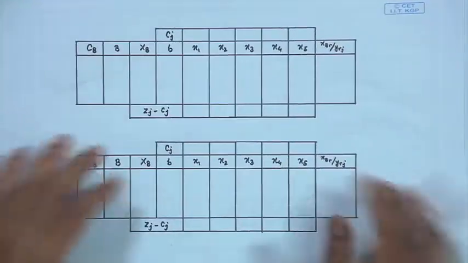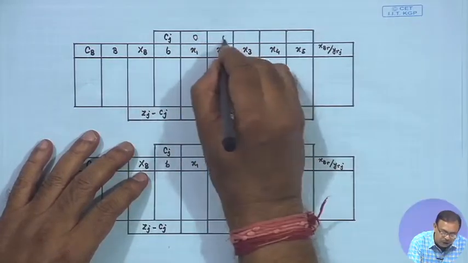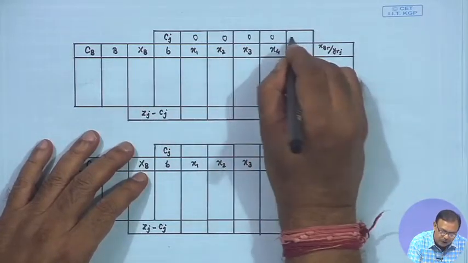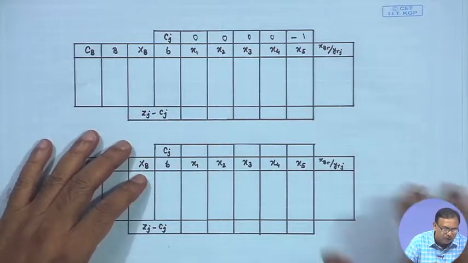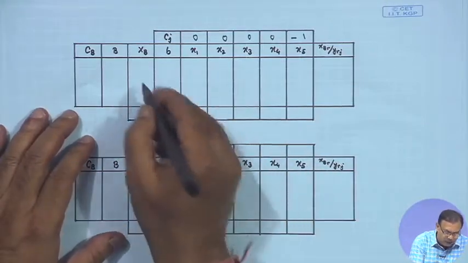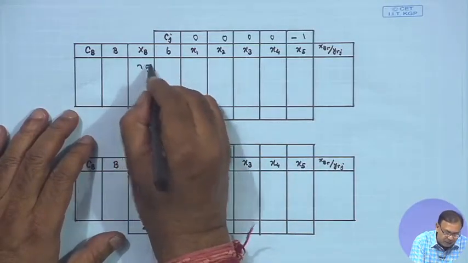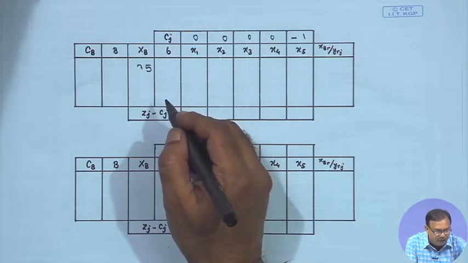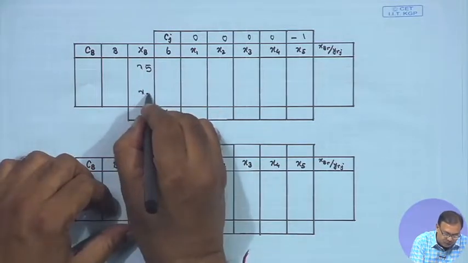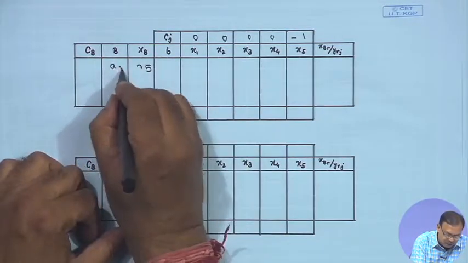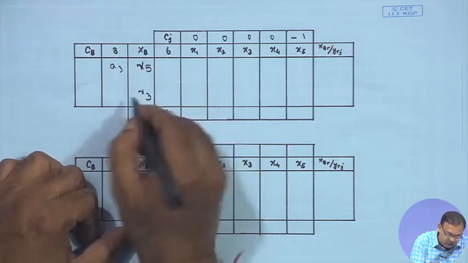So, the next table whatever you will obtain is this one, 0 0 0 0 minus 1, and here it will come as x5 and your entering vector is x3. So, x4 will be replaced by this, so that it is a3 and a4.